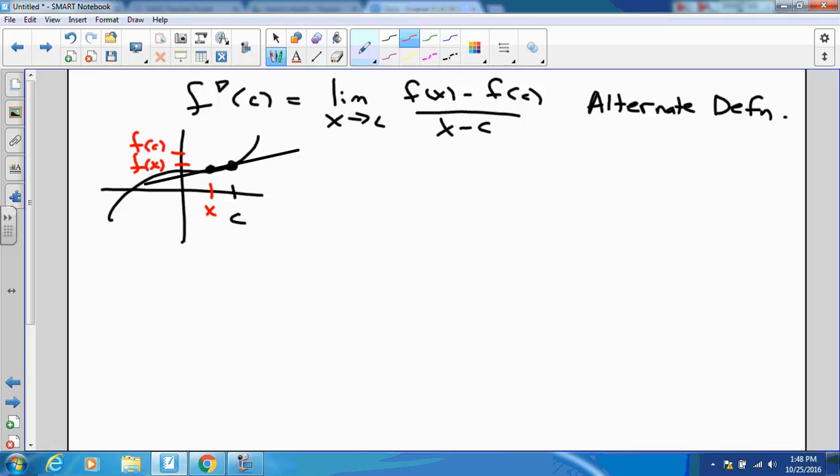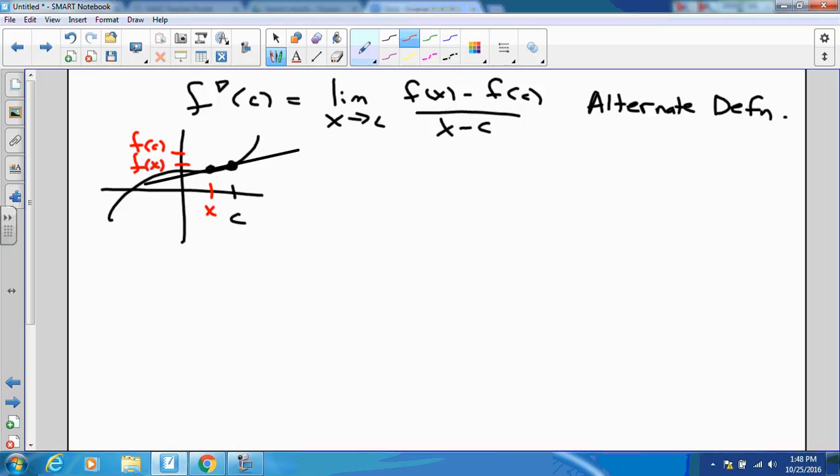And when I compute the slope of the line connecting these two points and let x approach c, then what I get is the slope of the curve at that point. That's my instantaneous rate of change. In this particular case, it sure looks that way, doesn't it? But maybe, just maybe, that might not be the case.